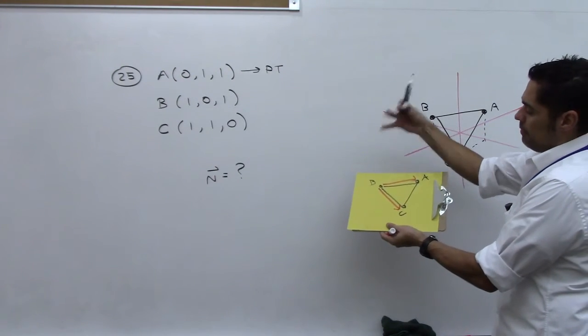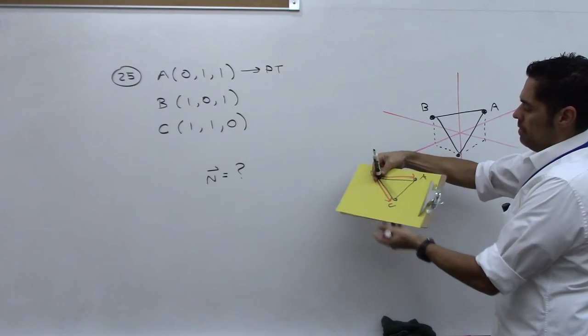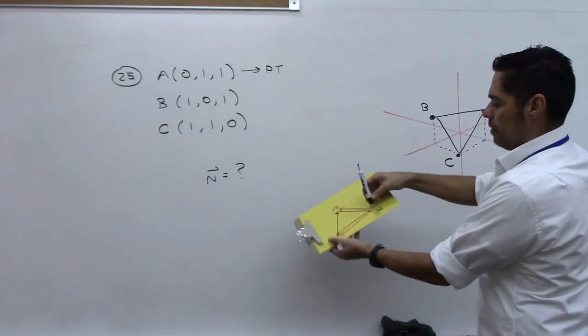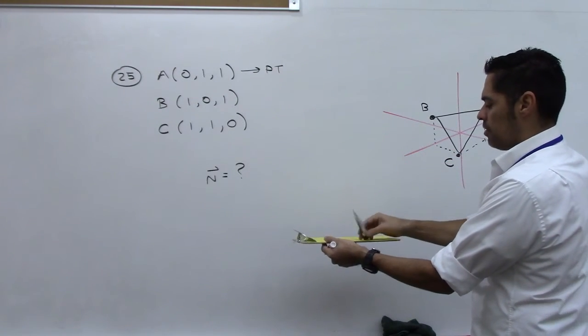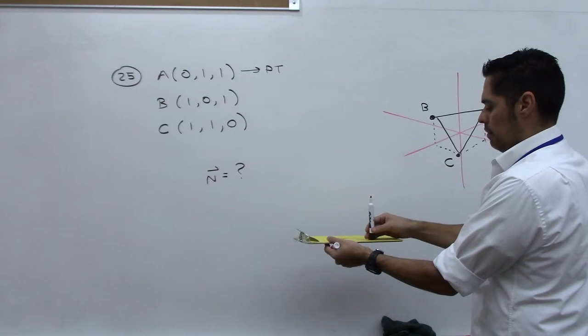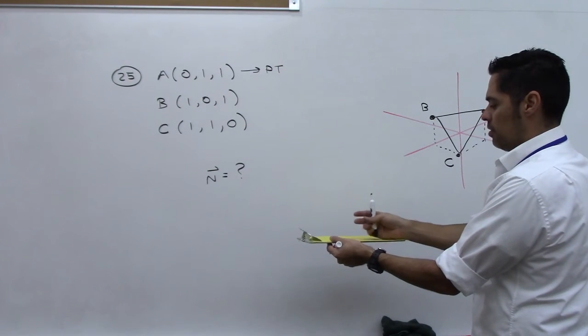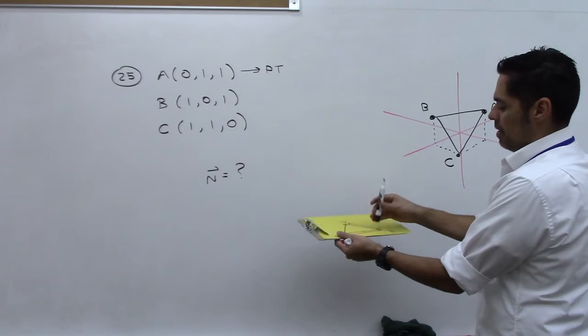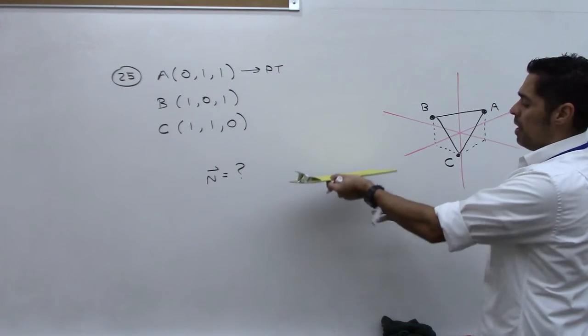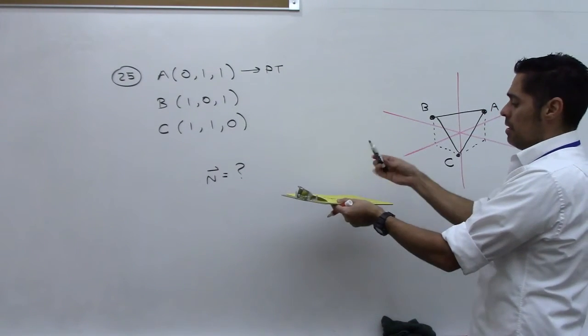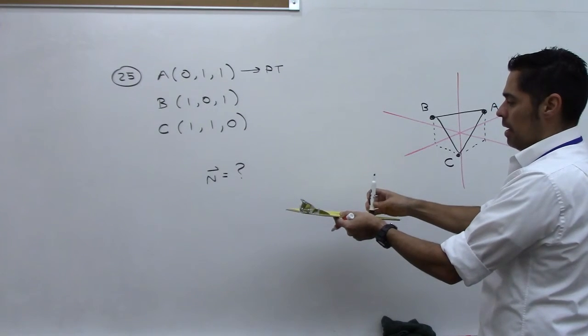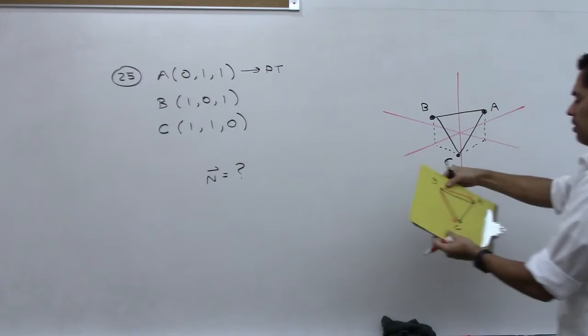So what I do is I take these two vectors and I cross product them. And when I cross product these vectors, right-hand rule, this thing will stick out. Or it could be possibly pointing out the bottom, but it doesn't matter. This is a normal vector. And so I just need to cross those two vectors.